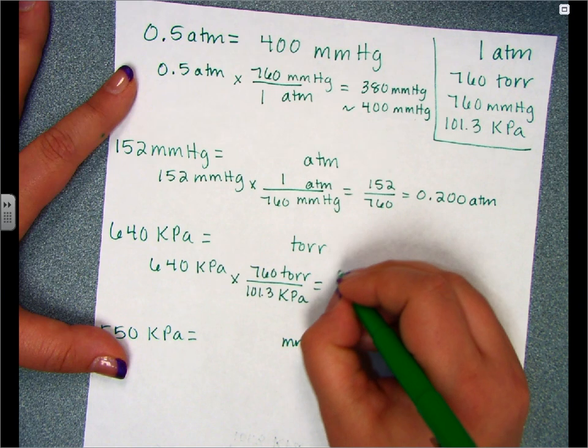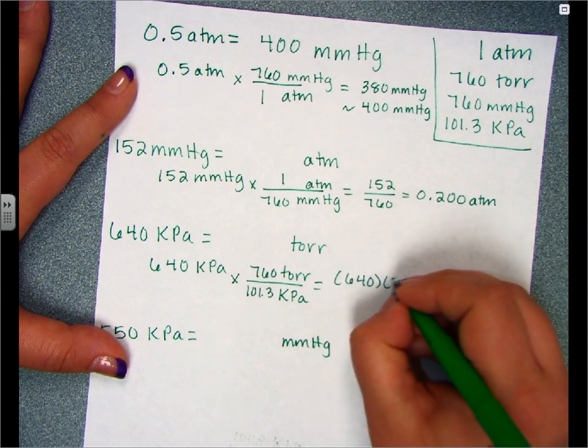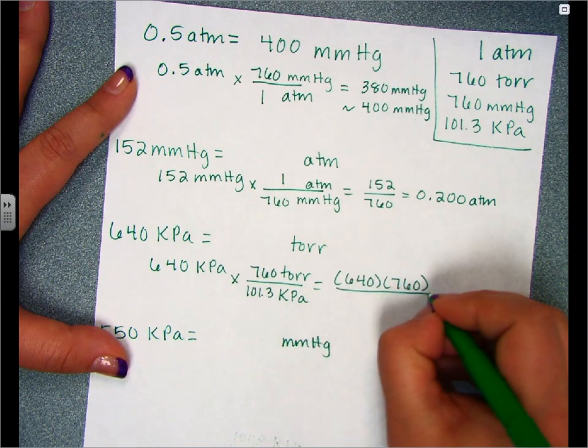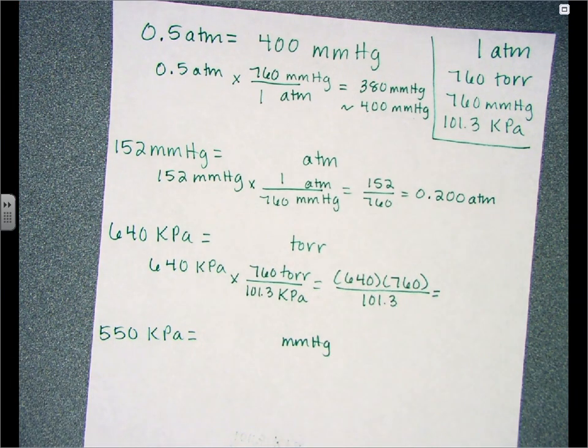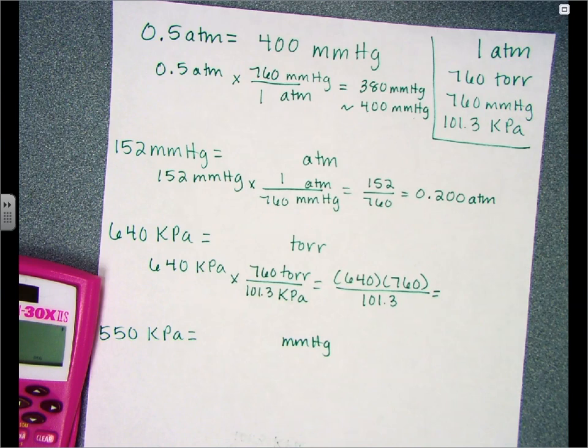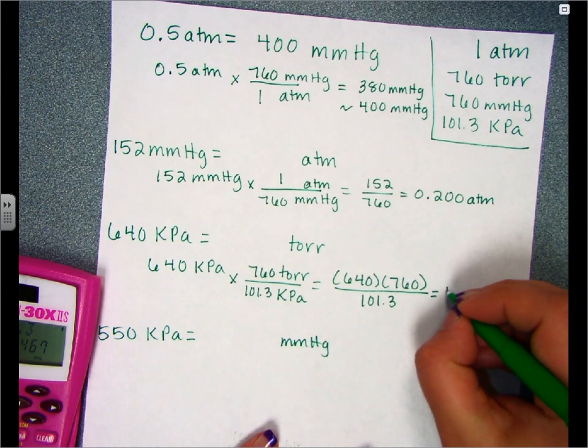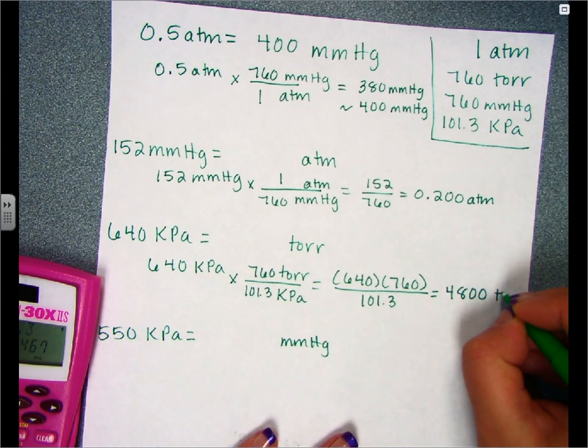So really, I'm doing 640 times 760 over 101.3. When I do that, I get 4,800 torr.